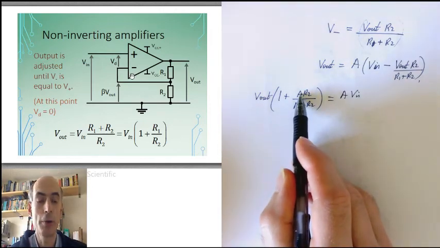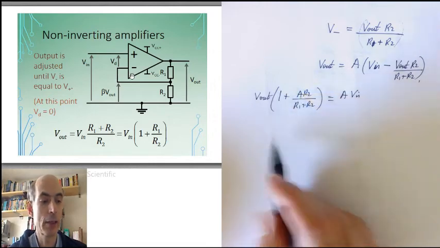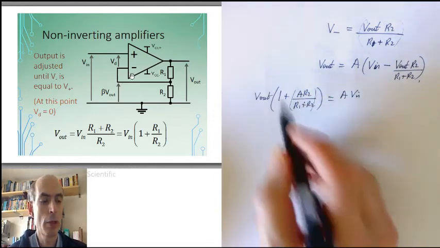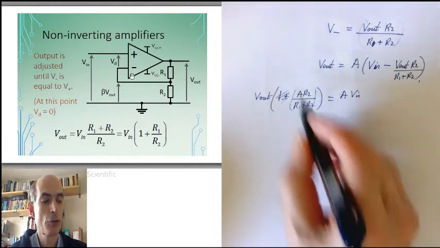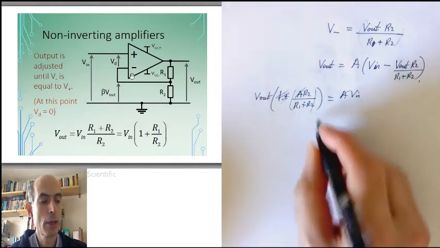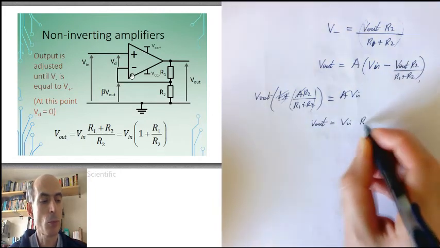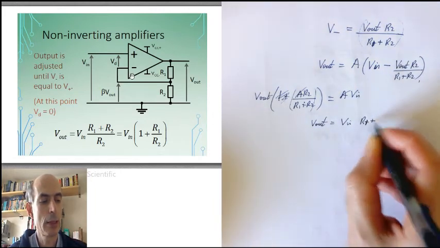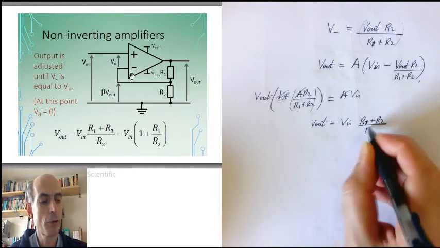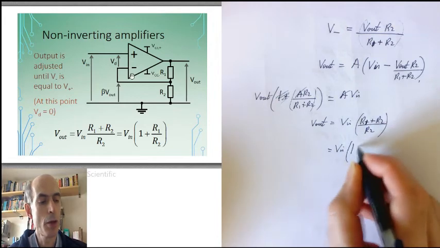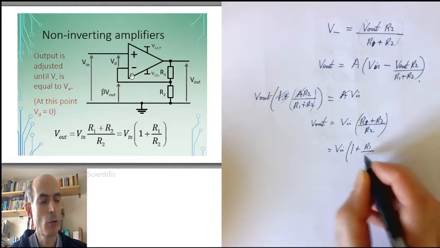If A, the open loop gain, is assumed to be infinite again, then this term here is much, much bigger than 1. We can neglect the 1. The 2 A's then cancel, and we're left with Vout equals Vin times R1 plus R2 over R2, sometimes written as Vin times 1 plus R1 over R2.